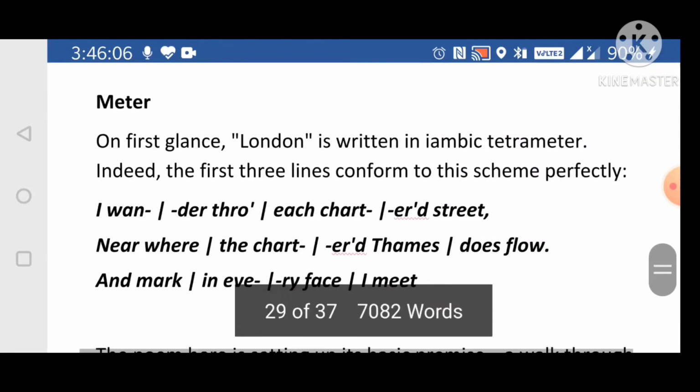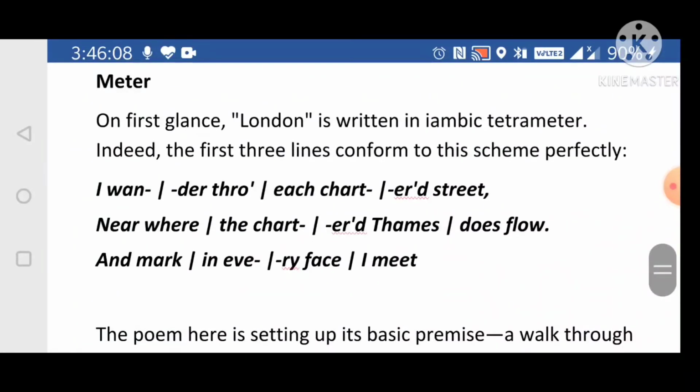Meter. On first glance, London is written in iambic tetrameter. Indeed, the first 3 lines conform to this scheme perfectly. "I wander through each chartered street, near where the chartered Thames does flow, and mark in every face I meet."